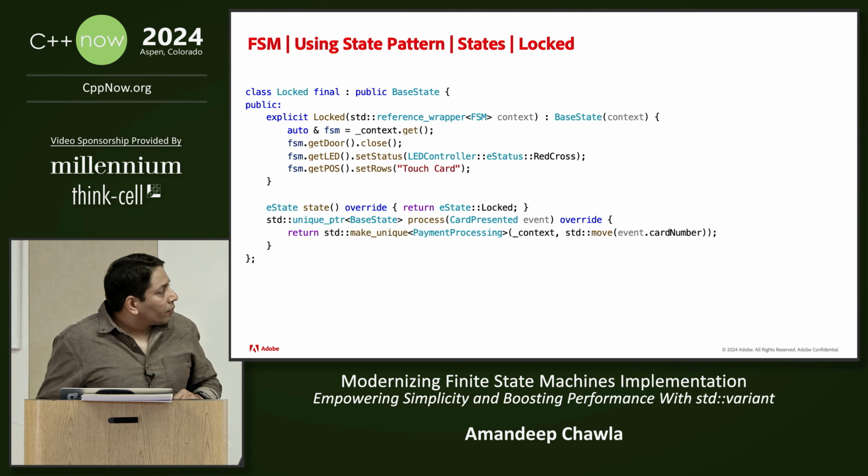It is only interested in processing the card presented event, and not interested in any other event. So it will just return the next state, which is payment processing. Because if you have noticed, the default implementation of our event handlers in the base state returns null pointers, so all the other events will be ignored automatically.